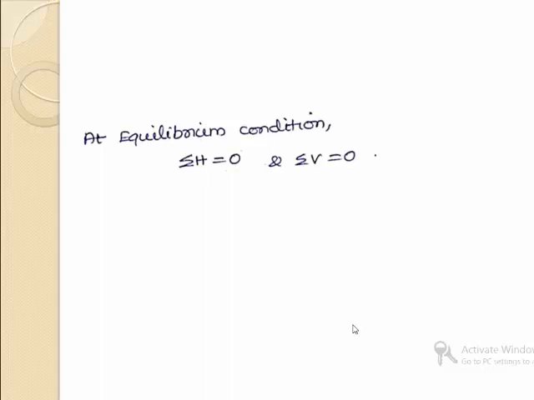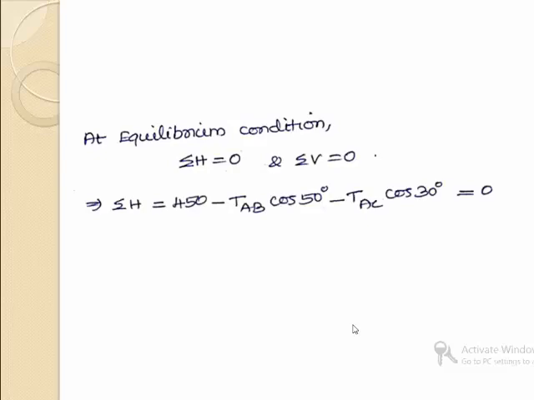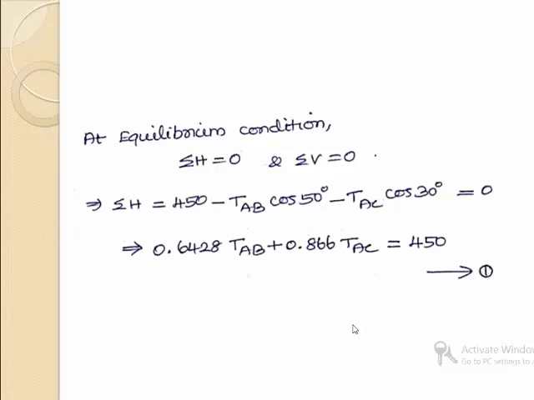Considering all the horizontal forces: 450 Newton acting along the positive x-axis, minus TAB cos 50 in the negative x-axis, minus TAC cos 30 in the negative x-axis, equals 0. From this we get equation 1: 0.6428 TAB plus 0.866 TAC is equal to 450.